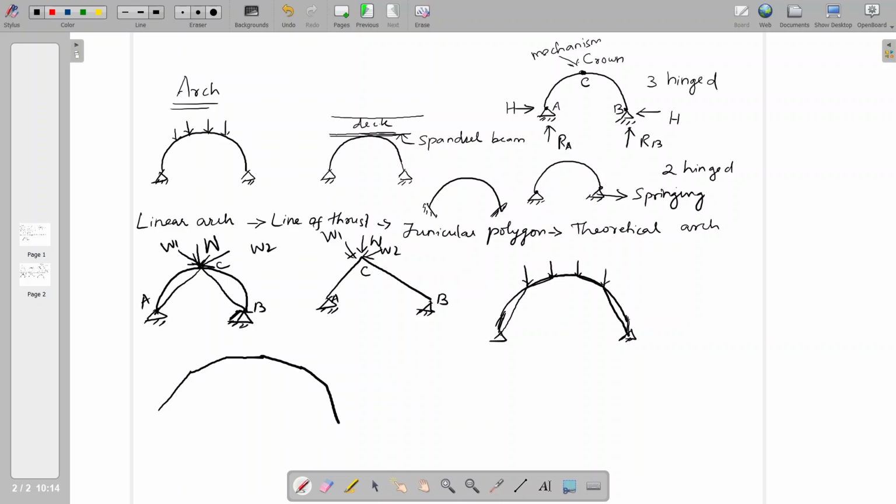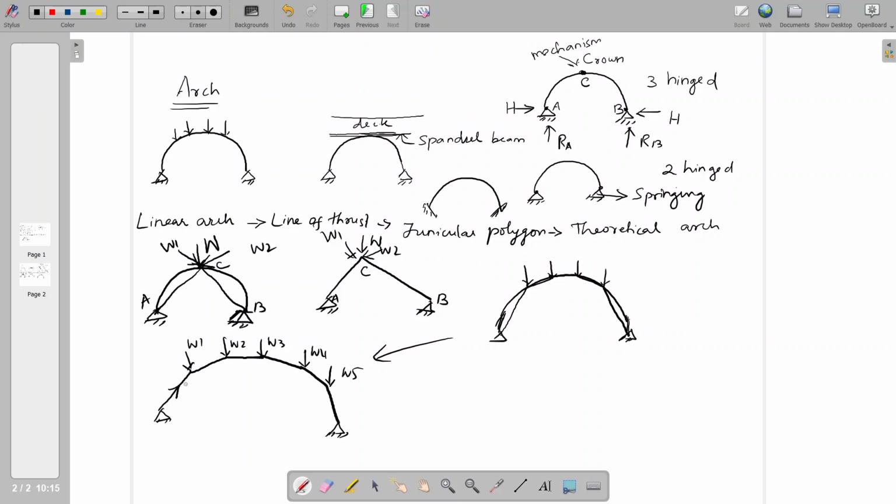So we will have the load W1 here and W2, W3, W4 and W5, and these are the support conditions. So this will lead to the type of arch like this, which is called a theoretical arch or funicular arch or line of thrust or linear arch.